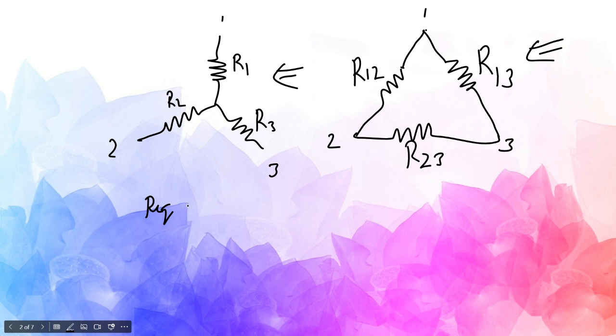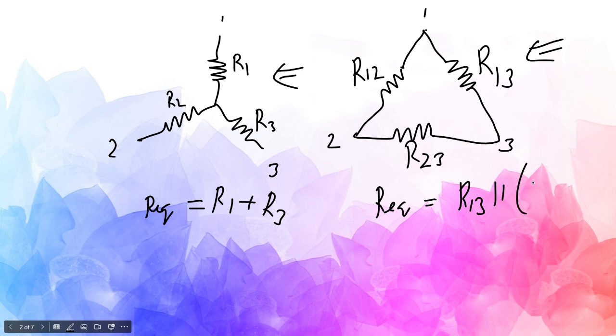So R equivalent between 1 and 3 would be R1 plus R3. Similarly, R equivalent here would be like these two are in series and this is in parallel with R13. It is like R equivalent for this equal to R13 in parallel to R12 plus R23, right?